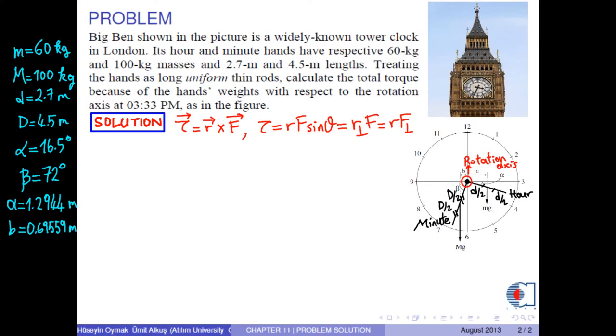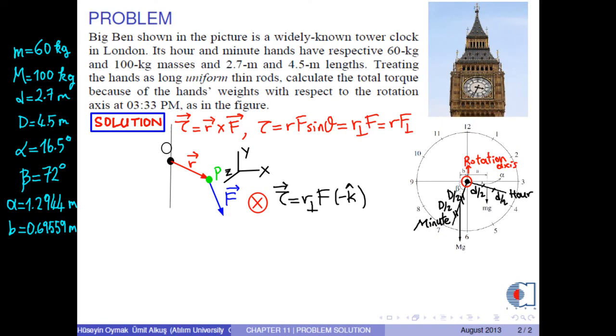The direction of the torque is found by the right-hand rule for the cross product R cross F. In this example, the direction of torque is into the screen. If we use three-dimensional XYZ coordinate axis, the torque is in the negative Z direction. So we write tau equals R perpendicular times F times negative k hat, where negative k hat is the unit vector in the negative z direction.